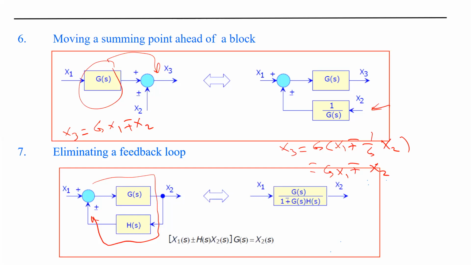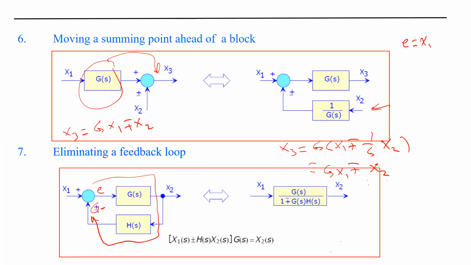So let me assume I have a negative feedback. This is only negative. Later on, we'll come to the positive. And let me assume this is E. I want to establish x2 in terms of x1. What is E equal to? x1 plus or minus H times x2.